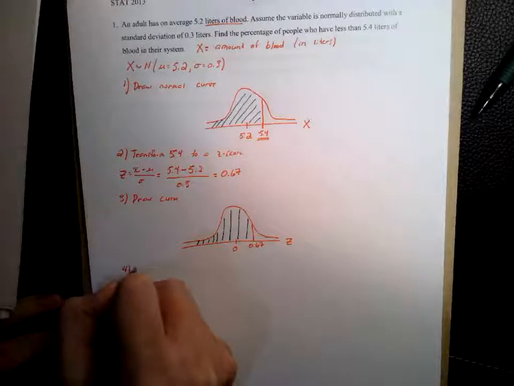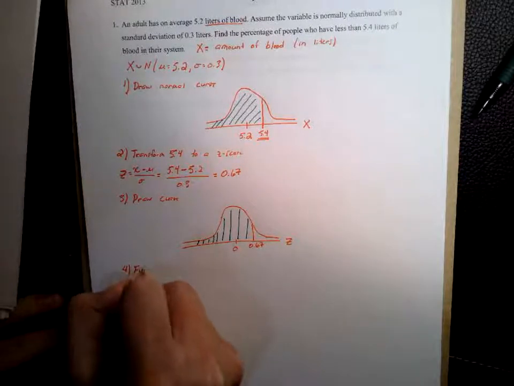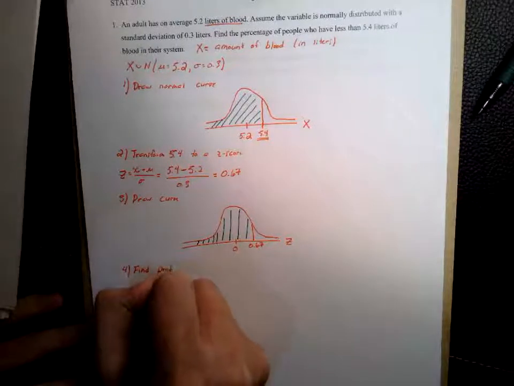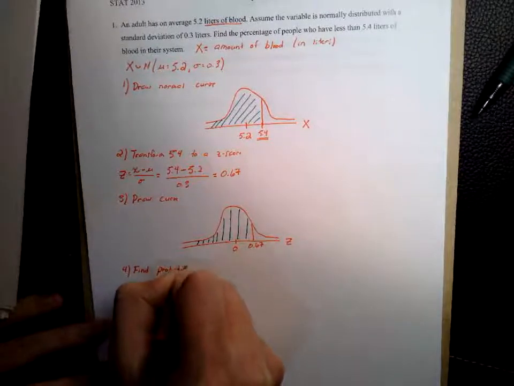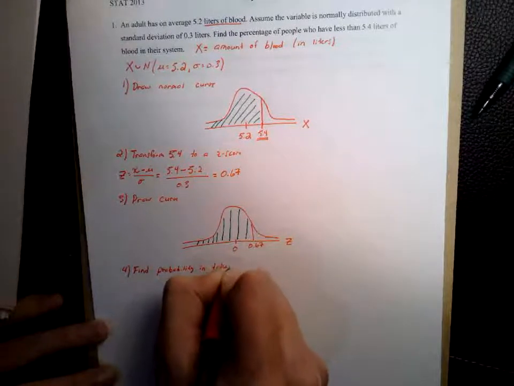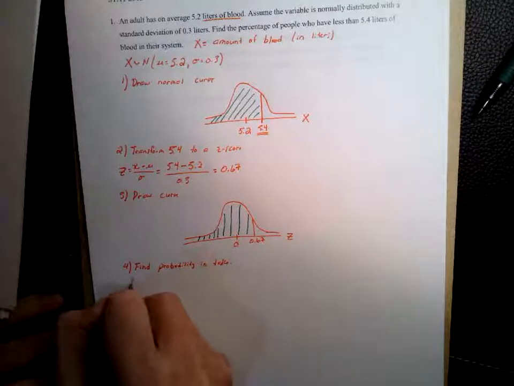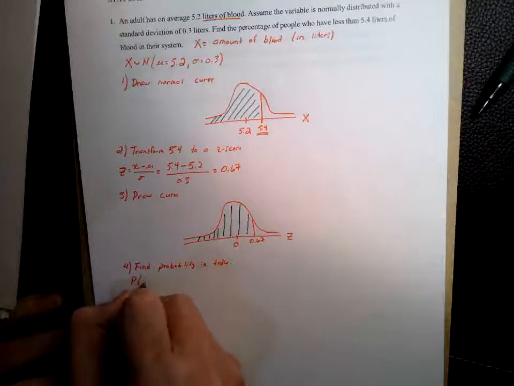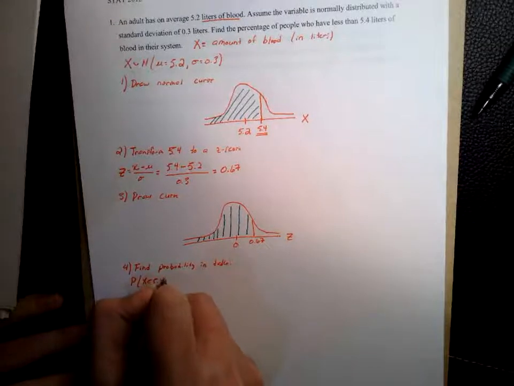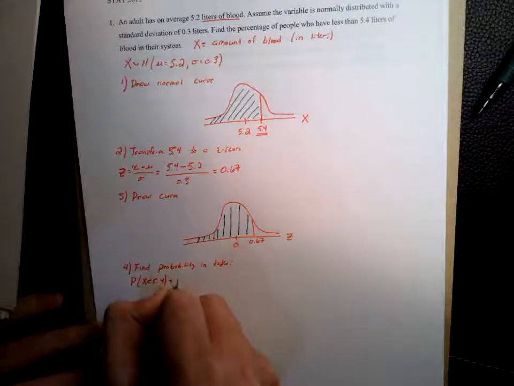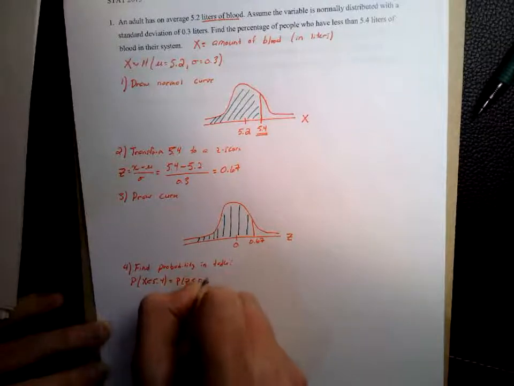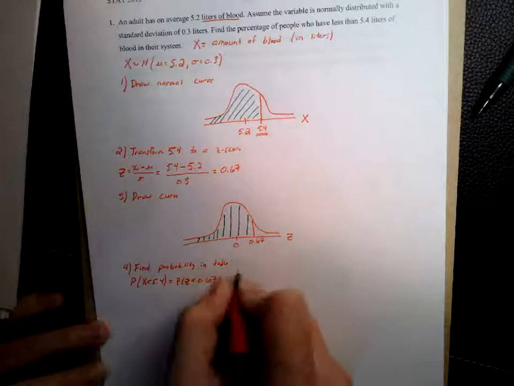Then, this step 4, I'm just going to write the step and then I will actually do it. Find the probability in the table. And so this says the probability of x being less than 5.4 is the same as the probability of z being less than 0.67.